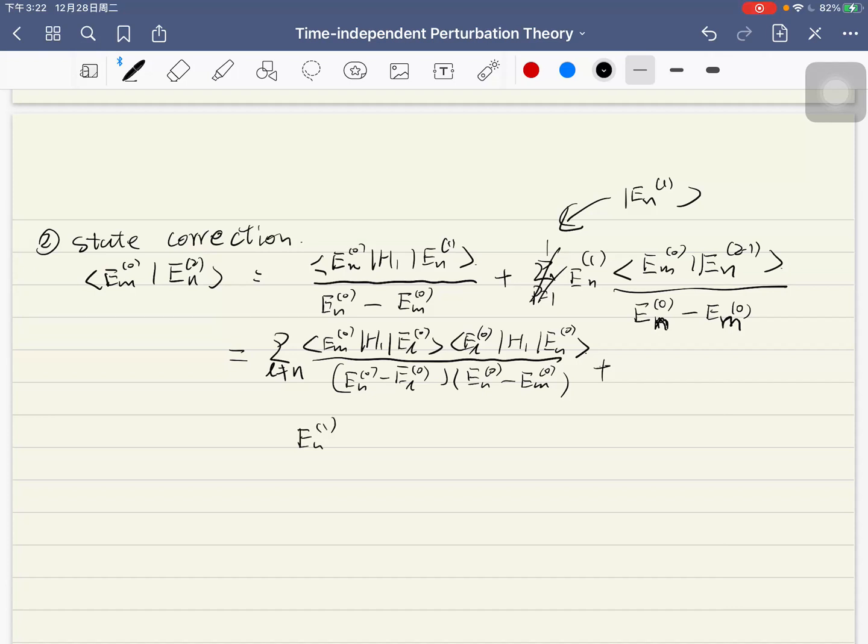E_n1, sum from, E_n1 is, l not equal to n.